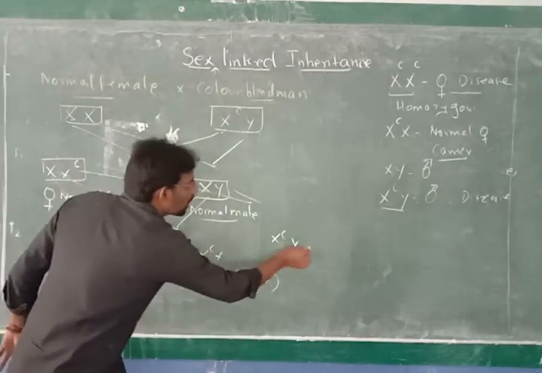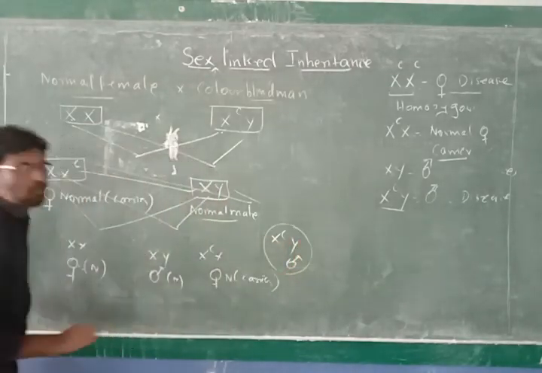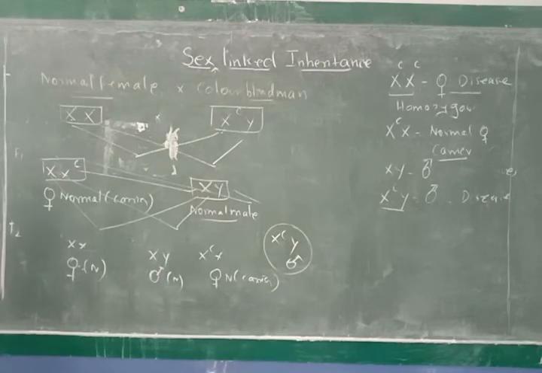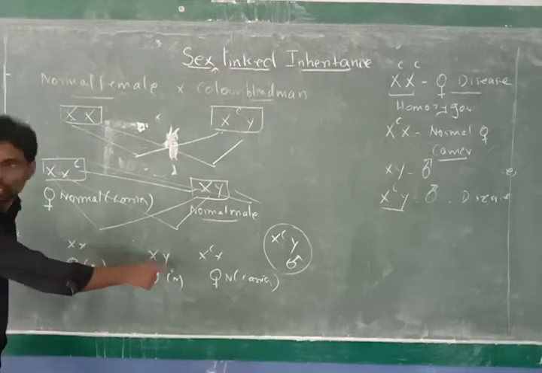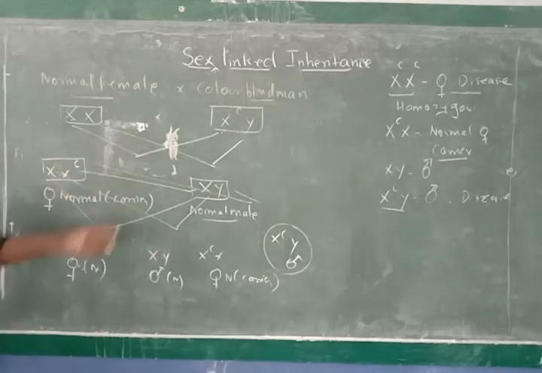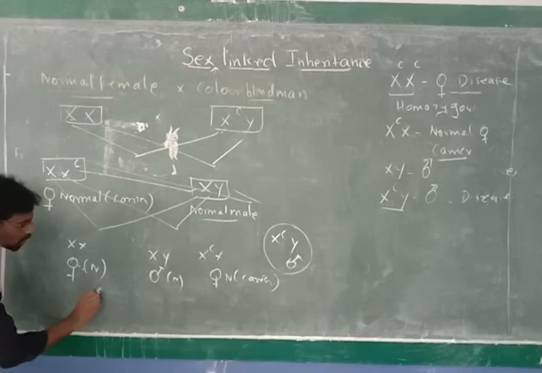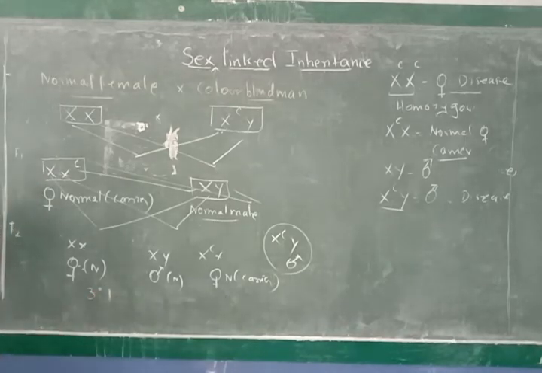So here the male becomes diseased. That is the reason if a carrier female marries a normal man, it becomes a problem. In that family, if a male is there, nothing is going to happen. If a female is there, definitely she becomes a carrier and she is going to spread the disease. So in this, how many normals are there? 3 normals. So the ratio is 3:1.